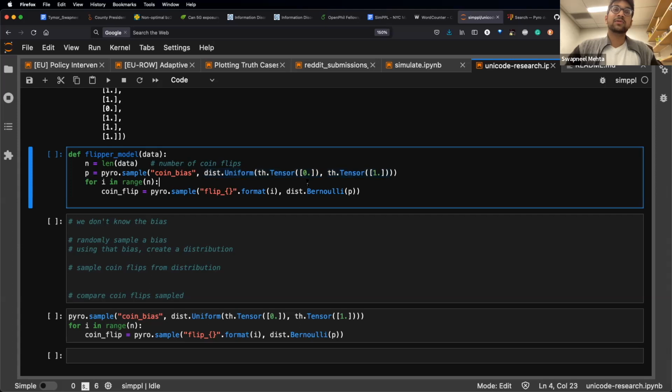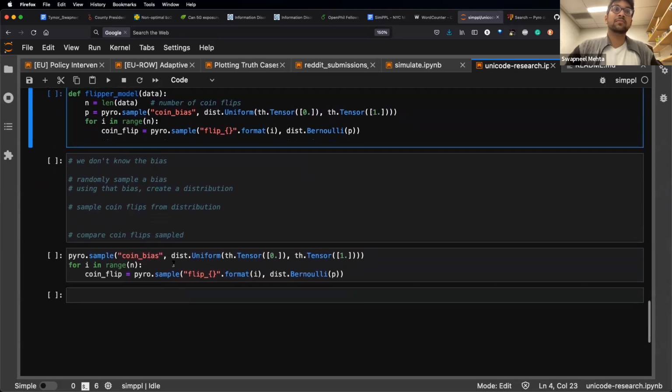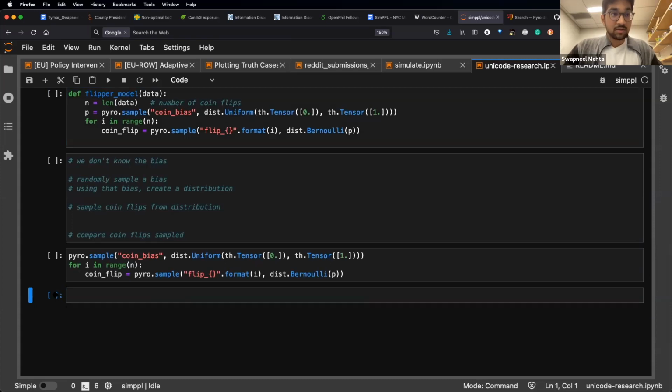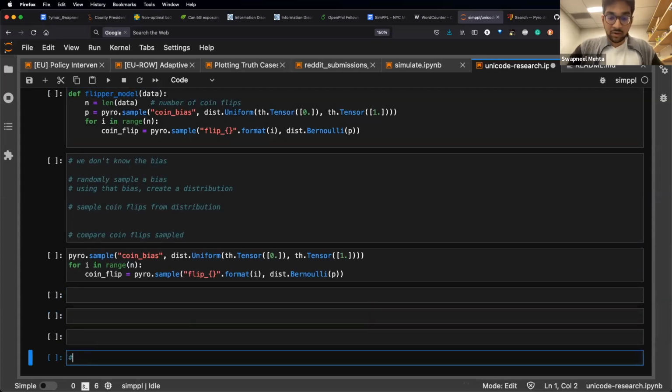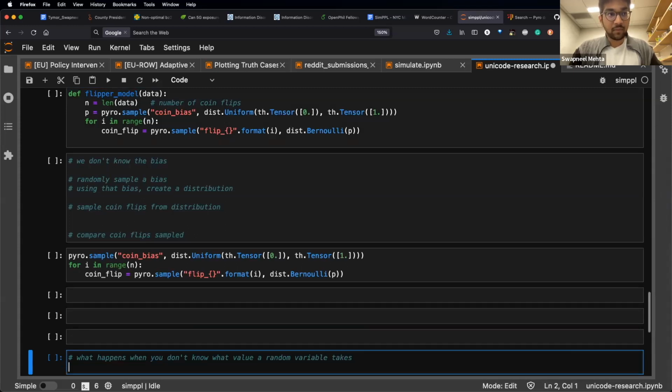So let's get into this idea. To give you a brief intro to a prior: when you don't know what value a random variable takes, what we discussed was to place a flat distribution over it.